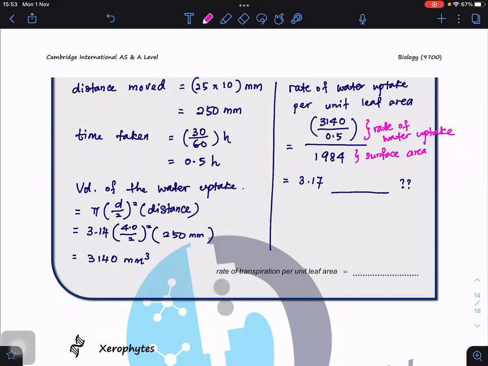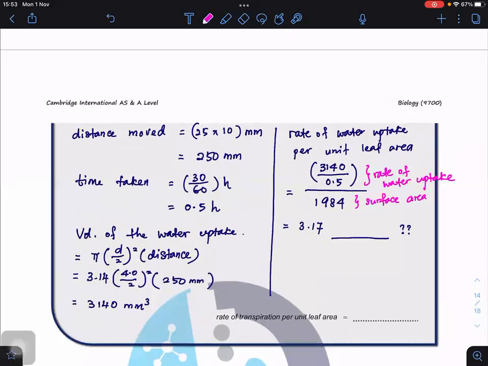The correct unit here, for the rate, is mm cube per hour. This is correct. And because it is the rate per unit area, it becomes millimeter cube per hour per mm square of the leaf surface area.